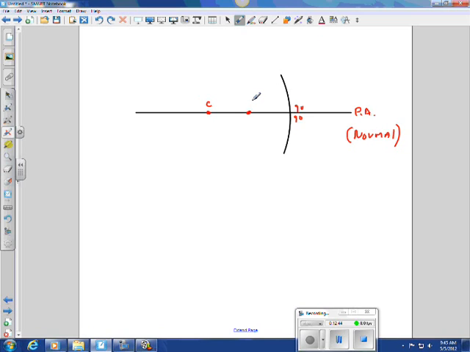I'm just going to label it with an F. Halfway. 1/2 the distance to the mirror. Okay, from here to here, going all the way up, it's 1/2 the distance to the mirror.